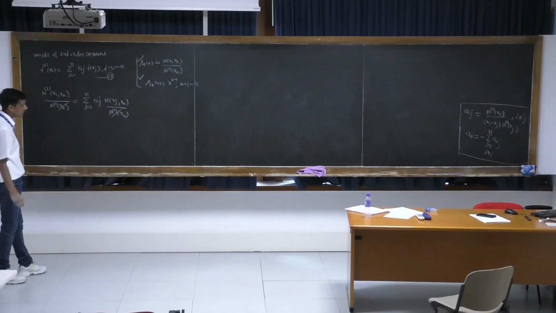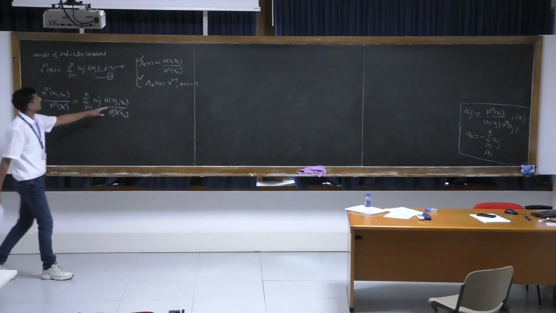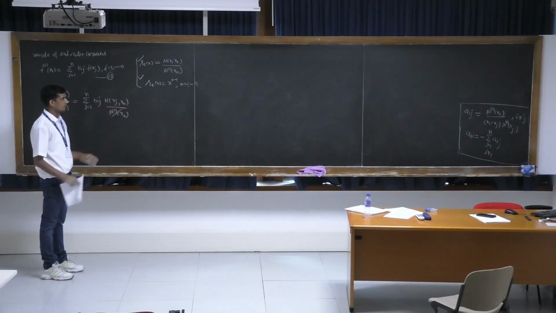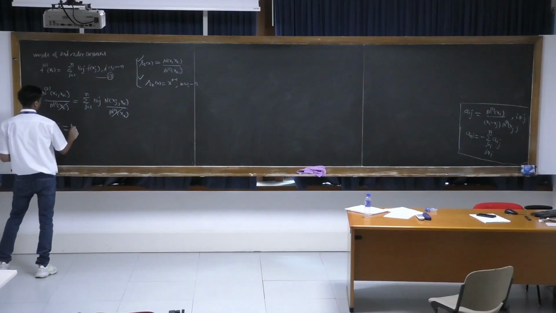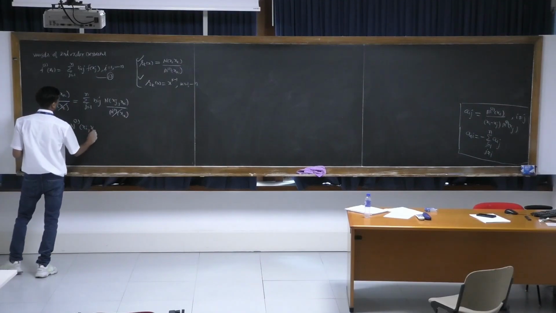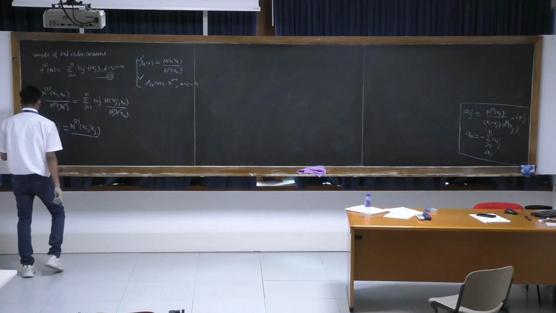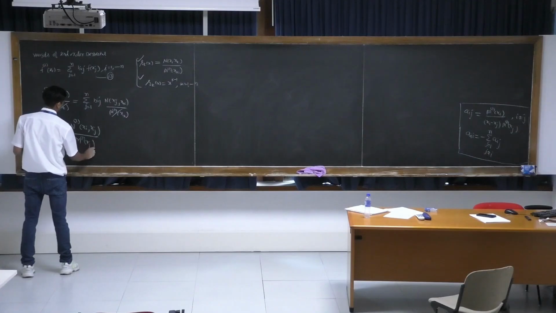So this is cancelled out. Again the same thing, when k is equal to j, from here this implies bij is equal to the second derivative at the point xi and xj divided by the first derivative of this.